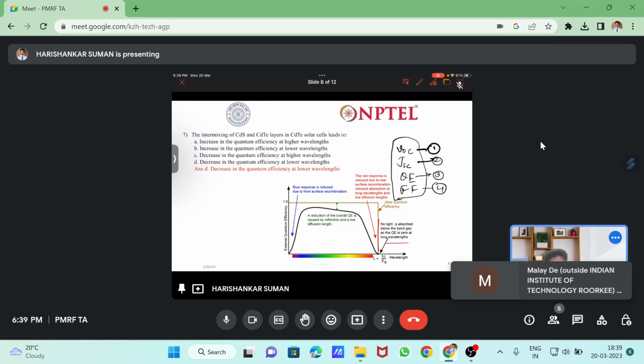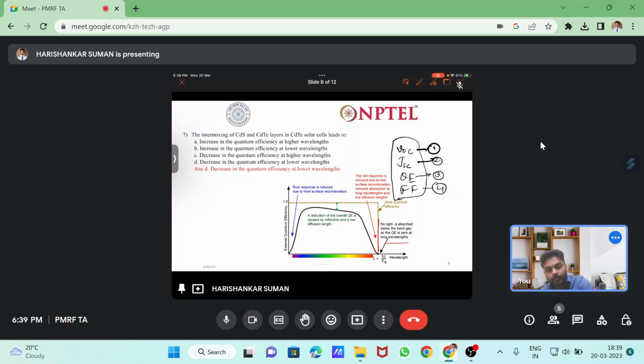So, intermixing cadmium selenide and cadmium telluride layers in the solar cell leads to decrease in quantum efficiency at the lower side. Why?